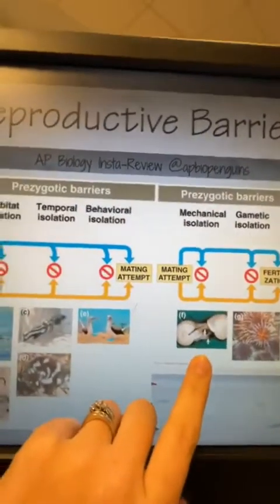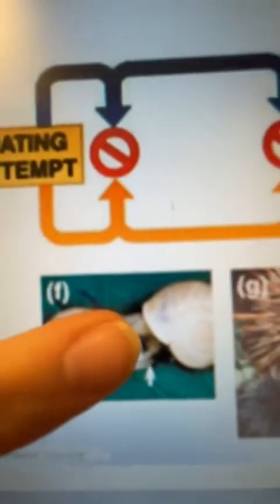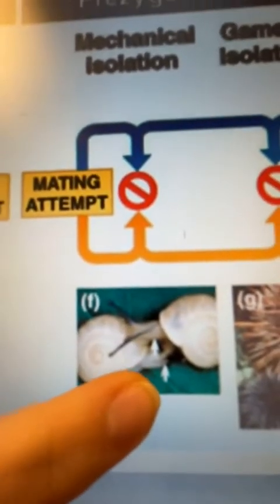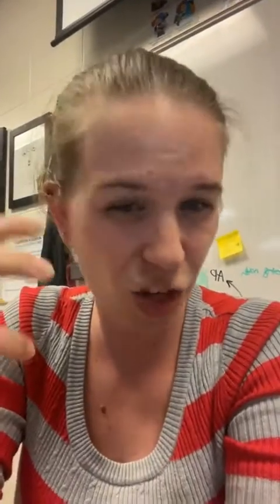So in our example we see here, we've got these snail things. I don't think you can see the arrow, but I'm gonna get real close. So you see that there's an arrow here and an arrow there. Okay, so that arrow is where their reproductive parts are. And so since they don't line up, they can't mate. So that'd be mechanical isolation.